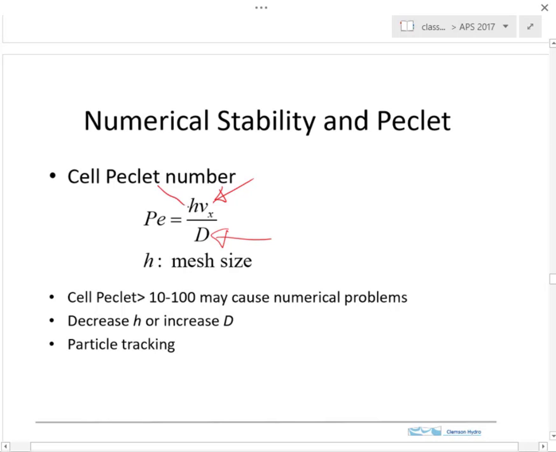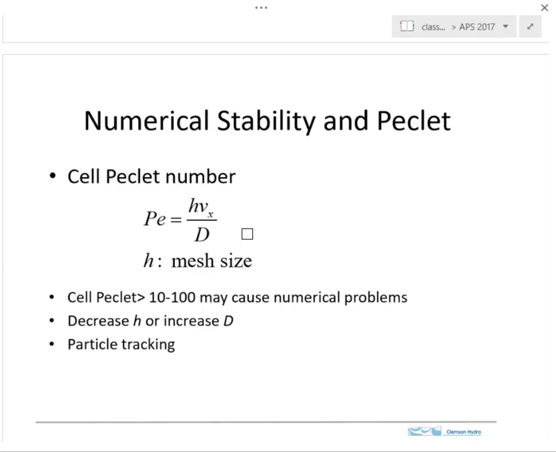And then this characteristic length is the mesh size. So this becomes a Peclet number that's really tied to the numerical setup of the problem, because it's using the mesh size, the finite element size, as the characteristic length. This ends up being important because the advection dispersion equation is difficult to solve.